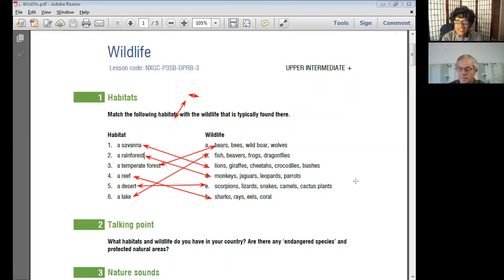Now, let's talk a moment about the habitat. What do you know about a habitat, Bernard? In my country, the habitat is temperate forest, particularly in my area where there's a lot of temperate forest.